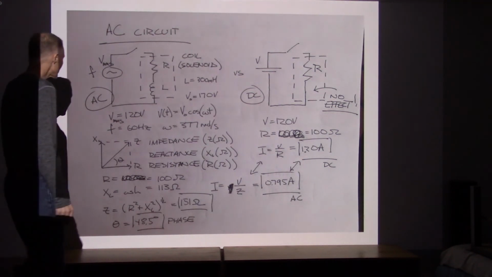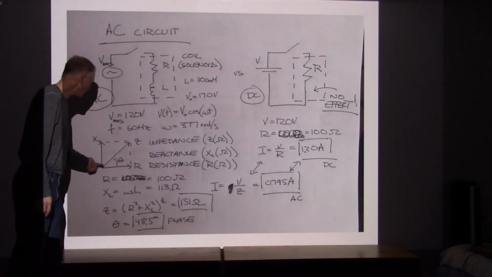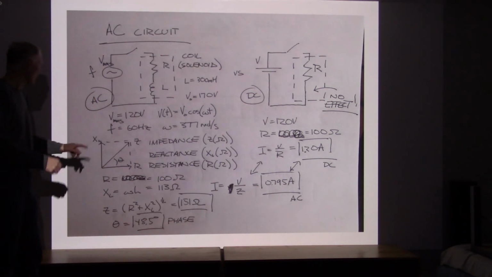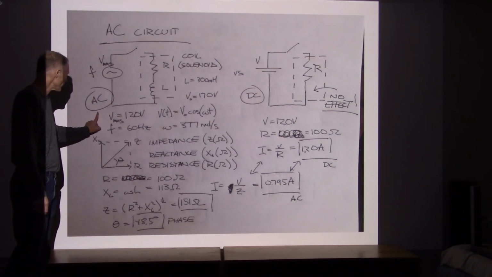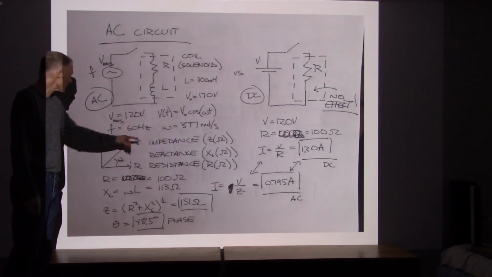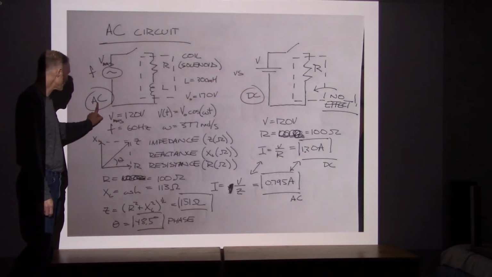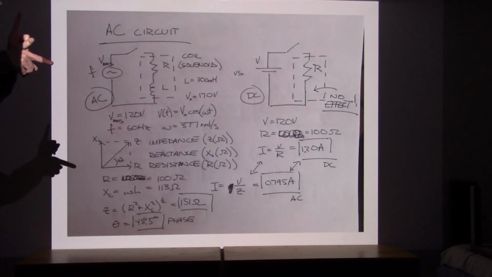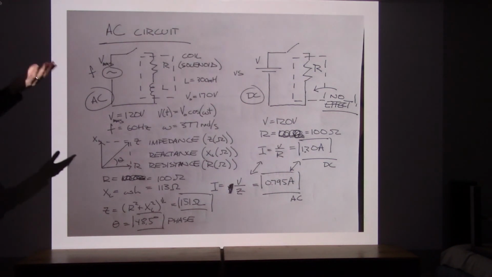So for my impedance diagram, what I do is I put resistance from a resistor in the horizontal direction. I put reactance from the inductor in the vertical direction, and then I use Pythagorean's theorem. Since the voltages are 90 degrees out of phase with each other, Pythagorean's theorem will reliably tell me what the overall resistance in the circuit is going to be.